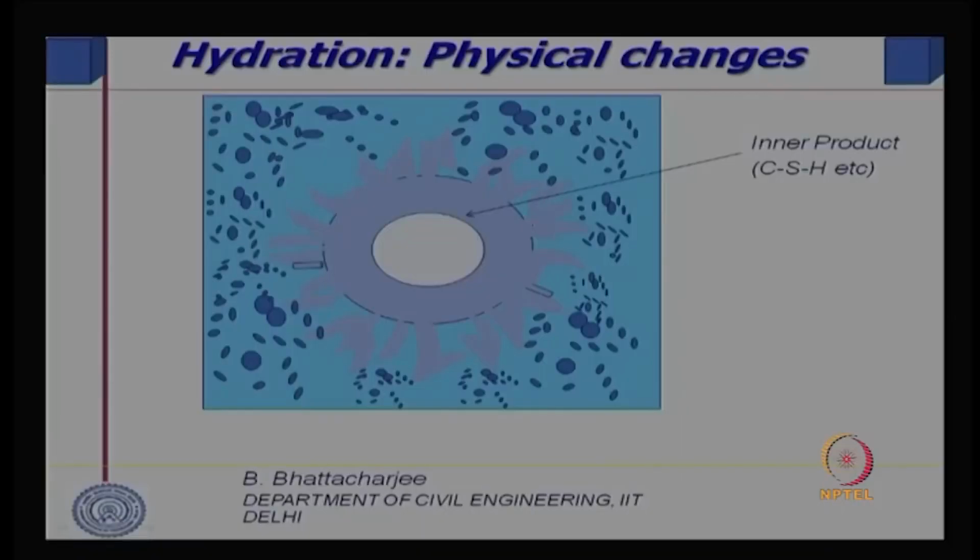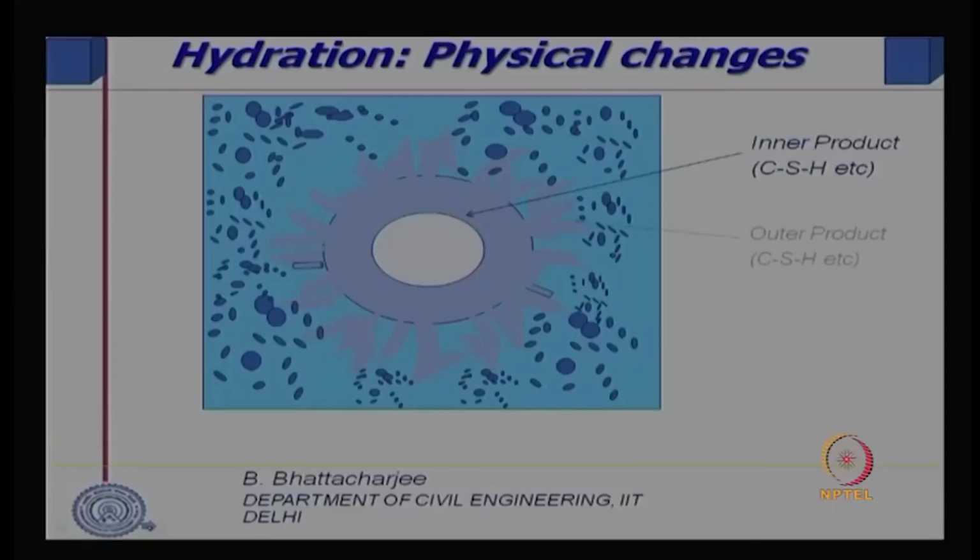Let me repeat, cement has a specific gravity of 3.15, water has a specific gravity of 1, the product formed has a specific gravity somewhat less than 3.15, but more than 1. So, the new solid that is formed occupies more volume than the original volume of the cement.